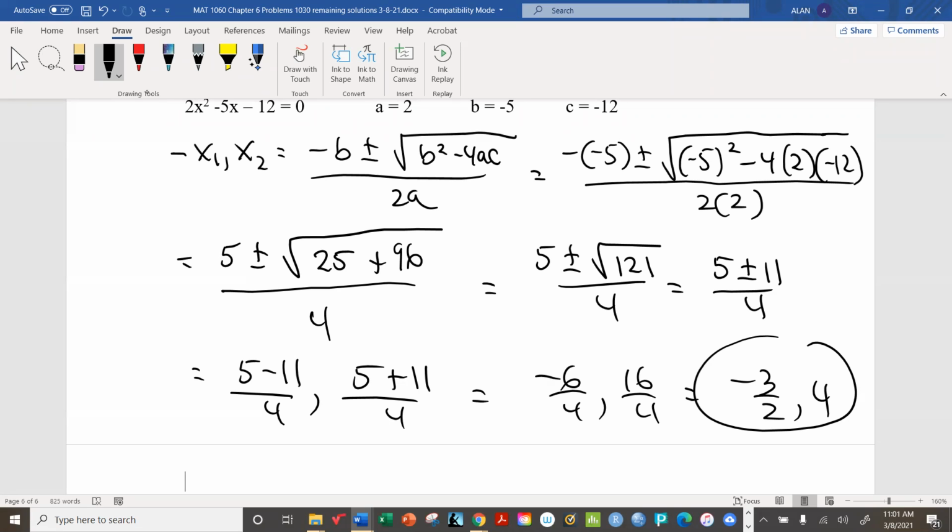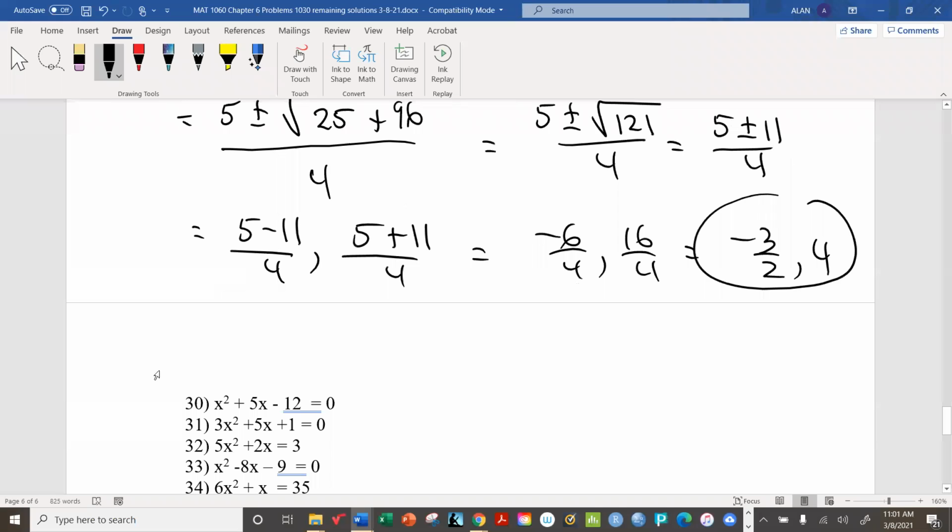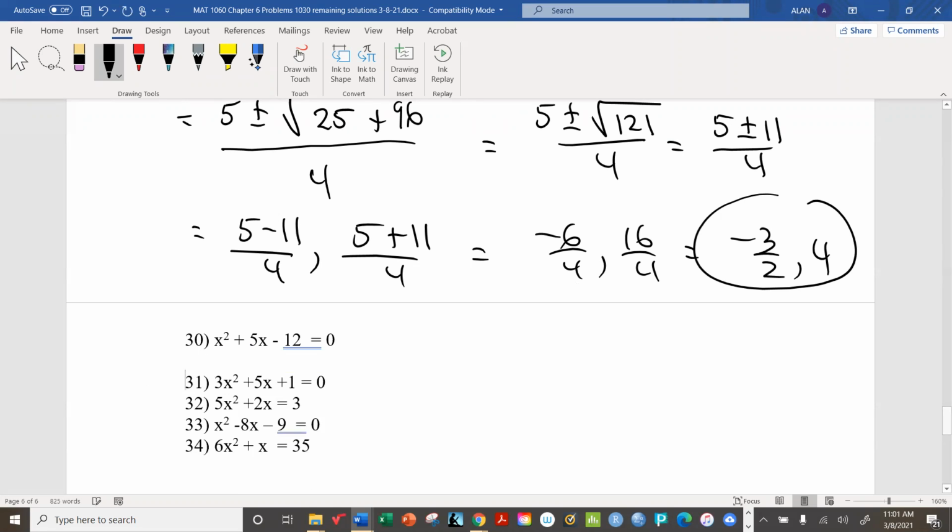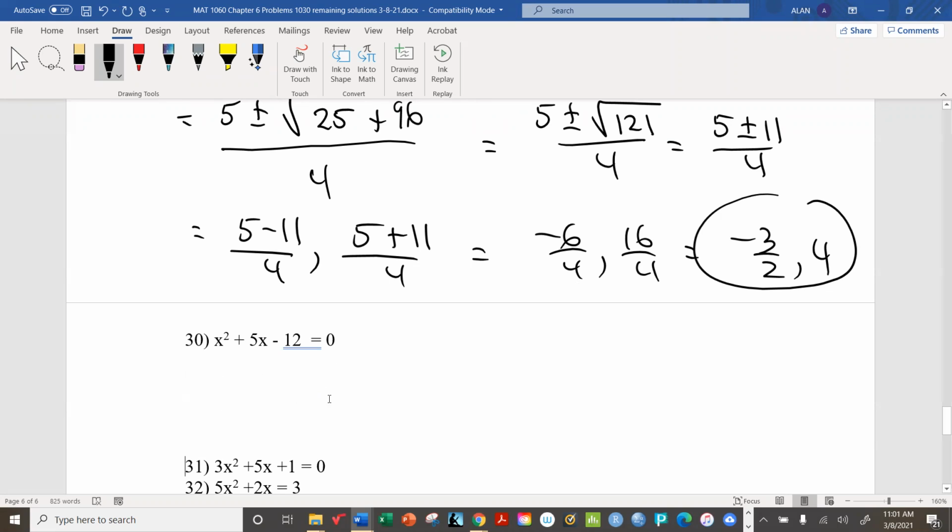All right, let's see what's next. All right, now this one is already in the right form, which is kind of nice.